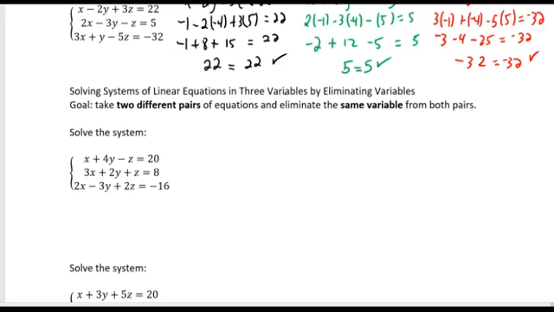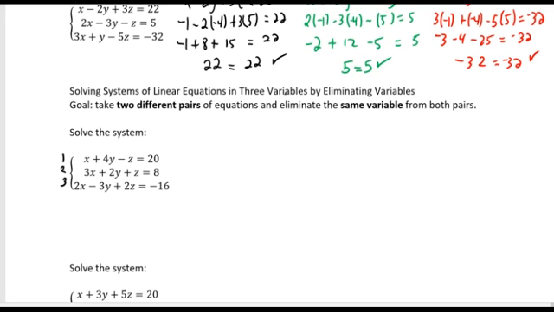Okay, so the next thing we want to do is solve the system. What I like to do is label these equations as 1, 2, and 3. And we're going to choose a variable that we can eliminate. You can choose to eliminate the x's, the y's, or the z's.